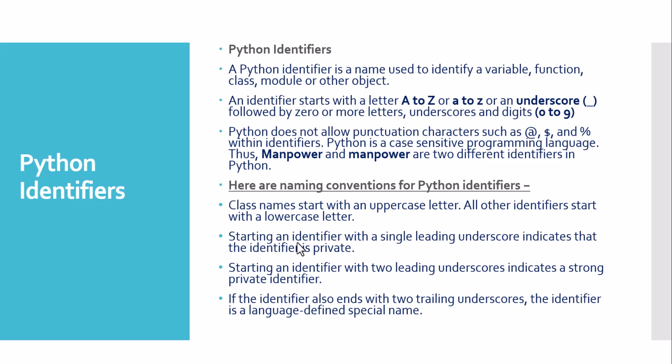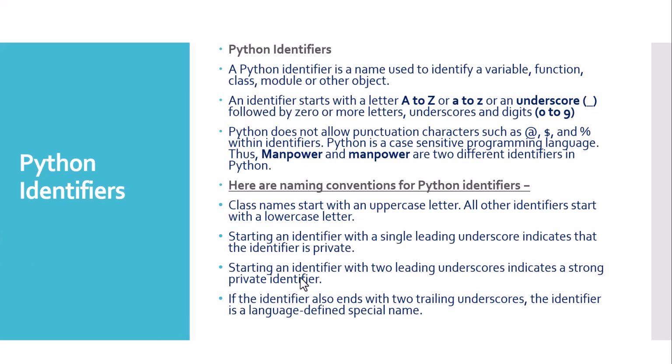Starting an identifier with two leading underscores indicates a strongly private identifier. If you mention two underscores, then that is a strong private identifier.